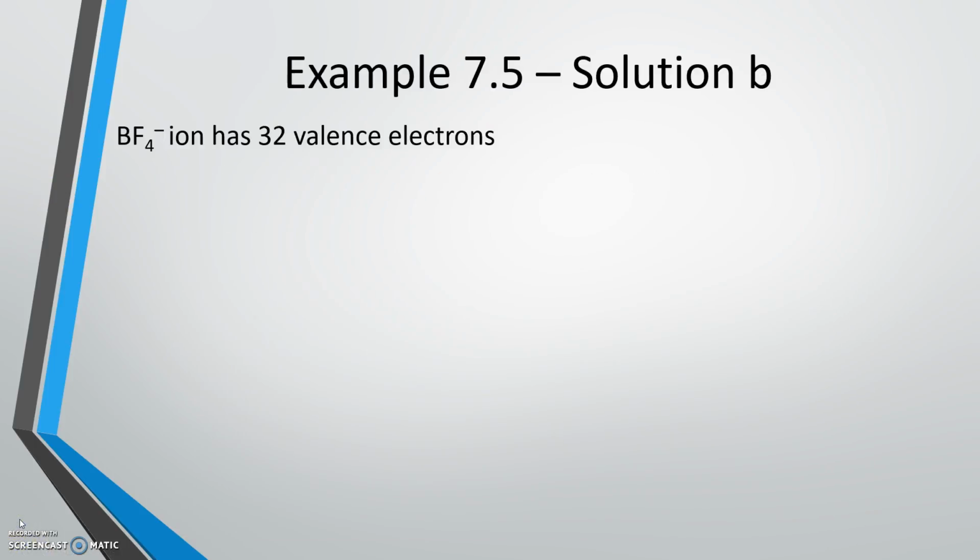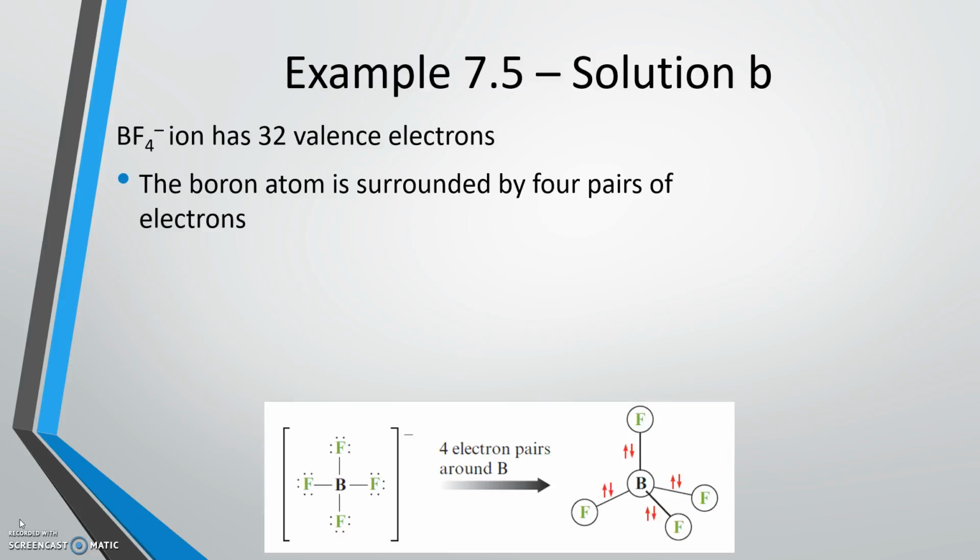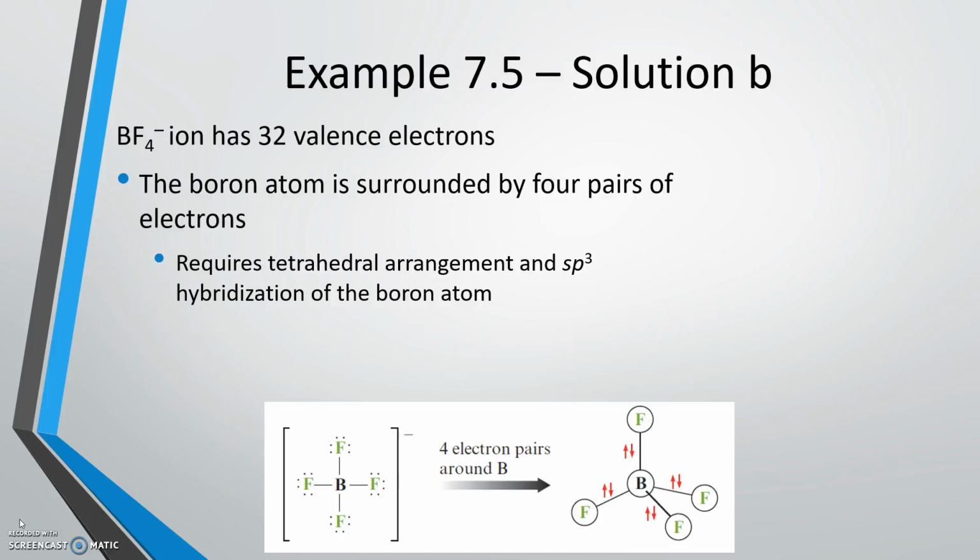All right, let's look at a second molecule, the BF4- ion. It has 32 valence electrons. The boron atom is going to be surrounded by 4 pairs of electrons, all that are bonded to the fluorine. This requires a tetrahedral arrangement, and we now know that's going to need an sp3 hybridization of the boron atom. We can also look at the fluorine.